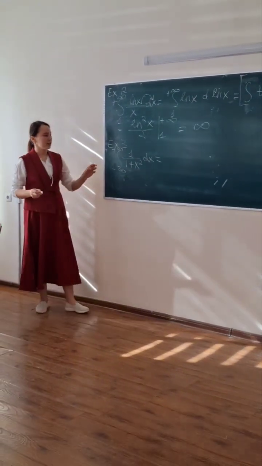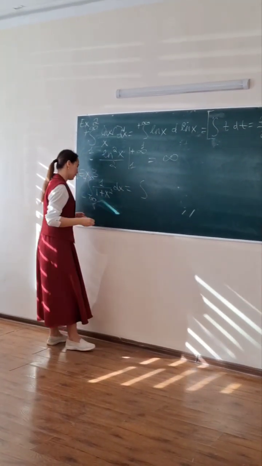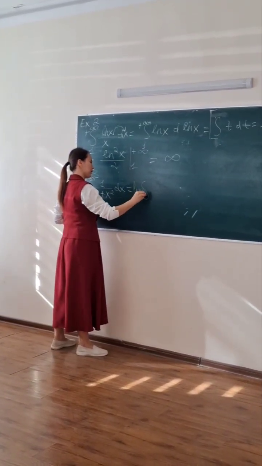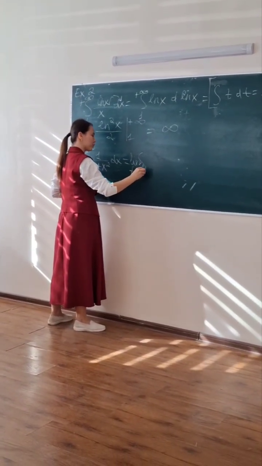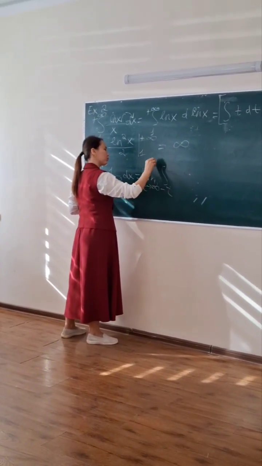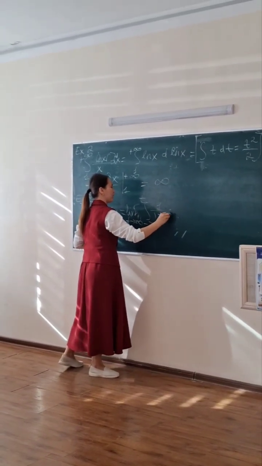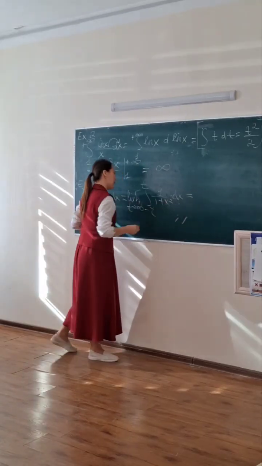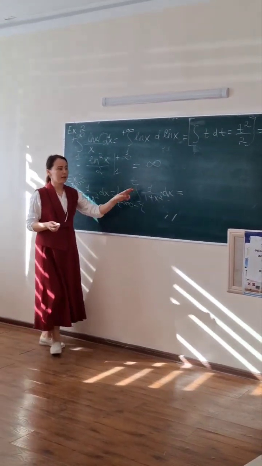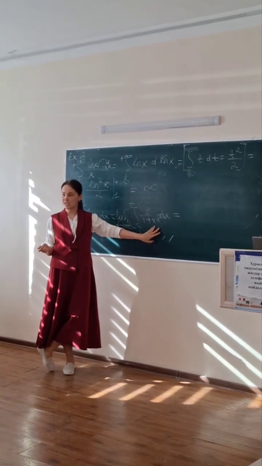We replace infinity with t, and this integral takes the form of the limit as t approaches infinity of the integral from minus t to plus t of 1 divided by 1 plus x squared dx. We should evaluate this integral. 1 divided by 1 plus x squared is the derivative of arctangent.